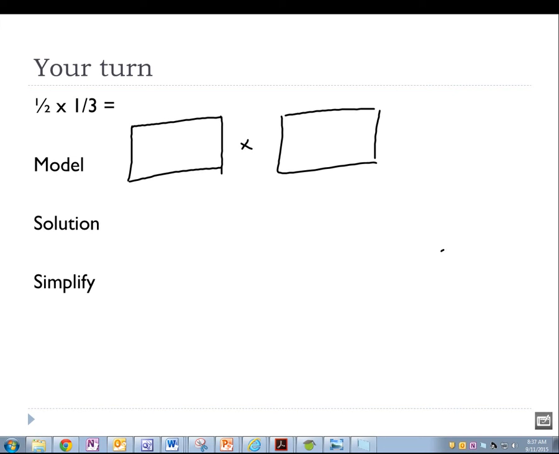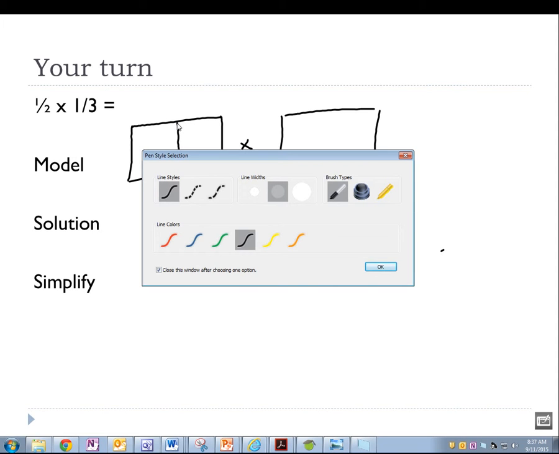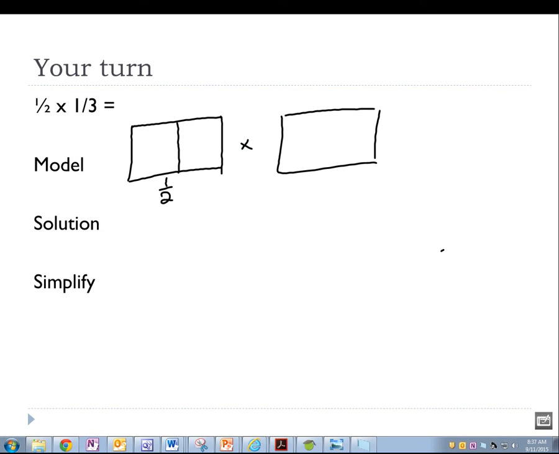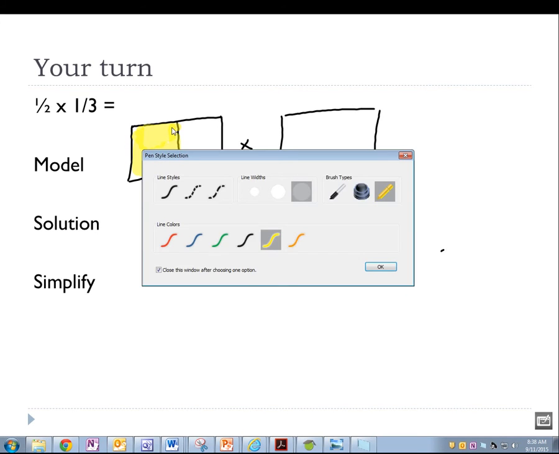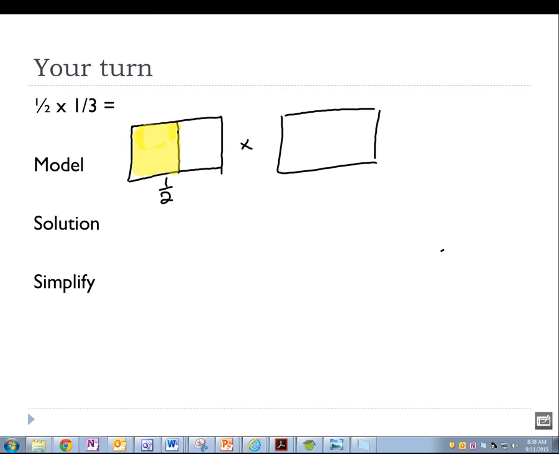Okay. And I'm going to shade in 1/2 of this. You can just keep your pencil and just do it lightly. So here's 1/2. Then we're going to do 1/3.